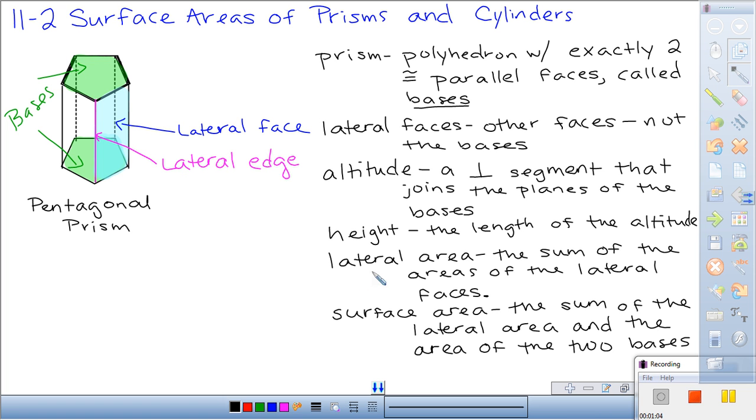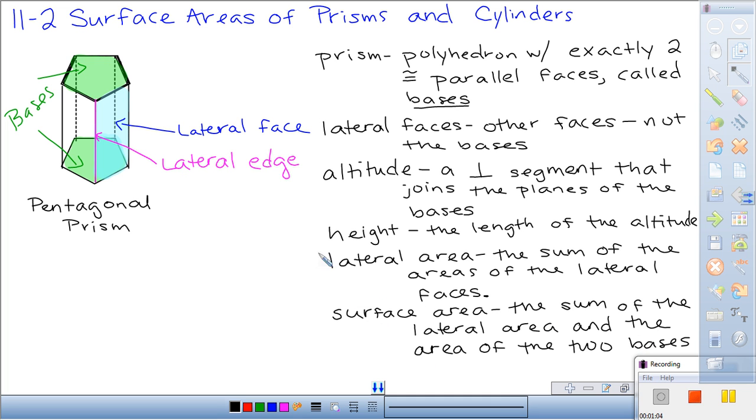To find the lateral area, you take the sum of the areas of the lateral faces. So you'd have to find the area of each lateral face, of each rectangle, and then add them all together. The surface area is the sum of the lateral area and the area of the two bases.